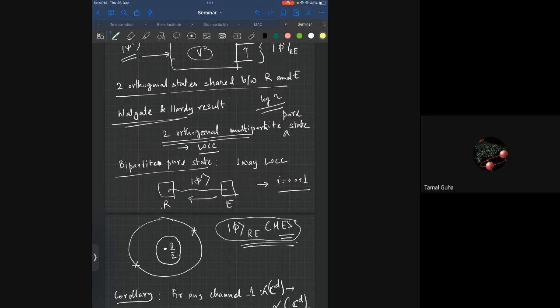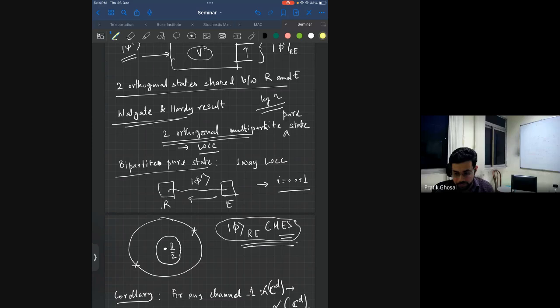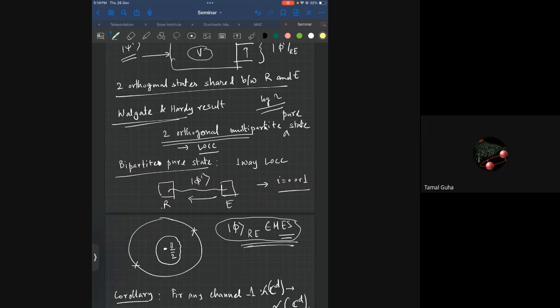If you do not have access to the environment, there could be scenarios where non-orthogonal encoding is the best encoding. Yes, there are examples. But apparently, if you want to get access from the environment, then orthogonal encoding is best, even for this kind of channel, because you have the unitary freedom. So this is very interesting. When Kunika asked, I was just thinking about it.